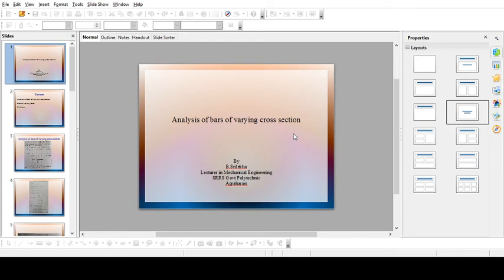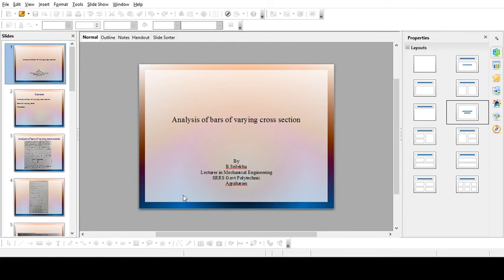Now we need to find this diameter as well as the total extension of the bar. So given load P is 150. Now D1 is 50, so area of that is simply pi by 4 into D square. Pi by 4 into 50 square.